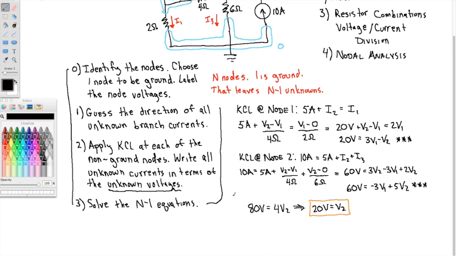Now if I want V1, I can go to any of the other equations. Let's go to the first one. That would be 20 volts is equal to 3V1 minus 20 volts. Is that right? Excuse me for a second.